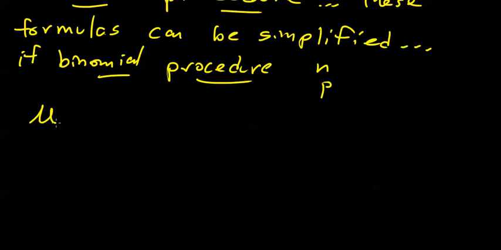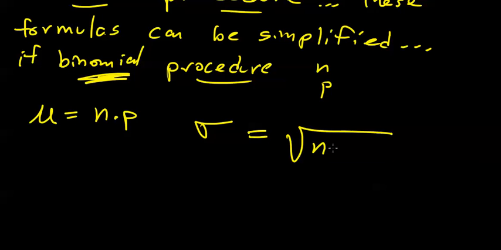I claim the mean of a random variable in the binomial case is simply n times p. Well, that's not a whole lot simpler than the summation of x times p of x. I think the real beauty of this comes through when we grind out the standard deviation. All it is is the square root of n times p times q.